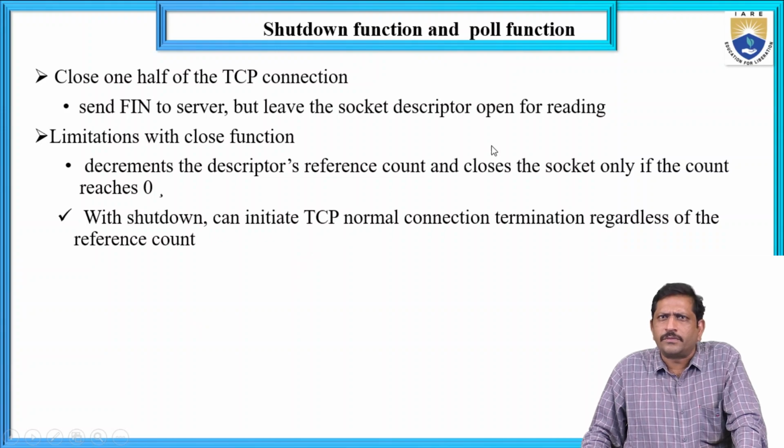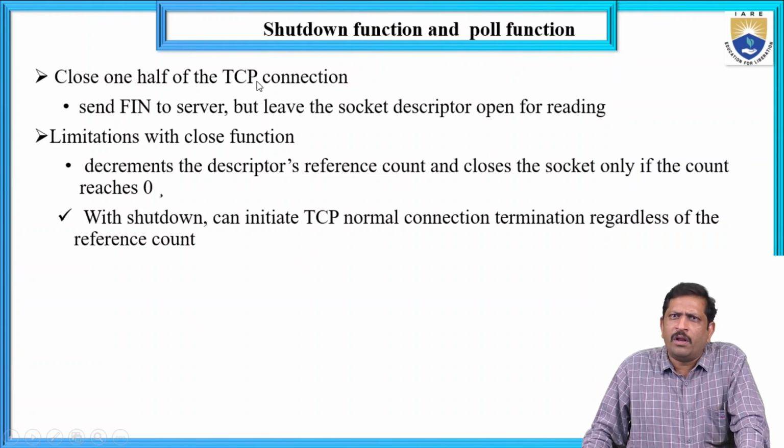Closing one half of the TCP connection sends FIN to the server but leaves the socket as a descriptor open for further reading. There are limitations with the close function. Close decrements the file descriptor reference count and closes the socket only if the count reaches 0.